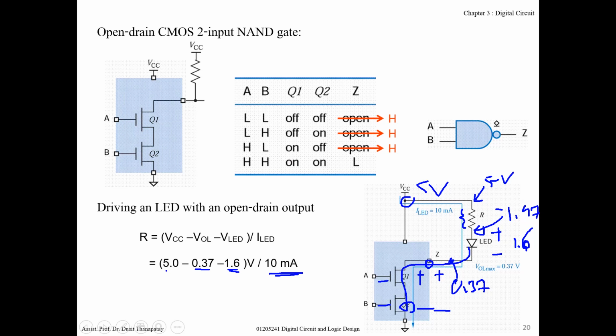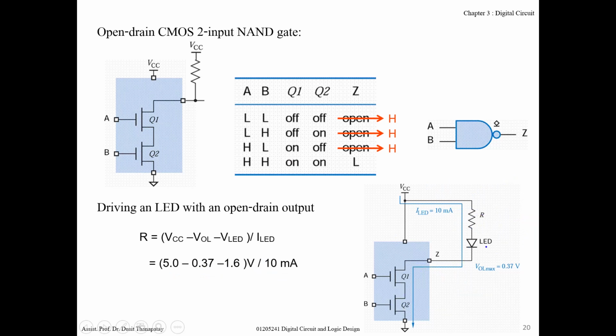Now if you know the amount of current that you want to use, first one is 10 milliamp, you just divide the voltage across R by the current passing through the resistor. It's the same current because it's in series, right? The same current passes through the LED, 10 milliamp. When you do the calculation, your result may be 303 ohm.